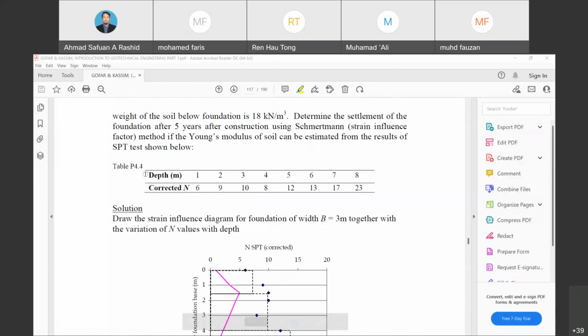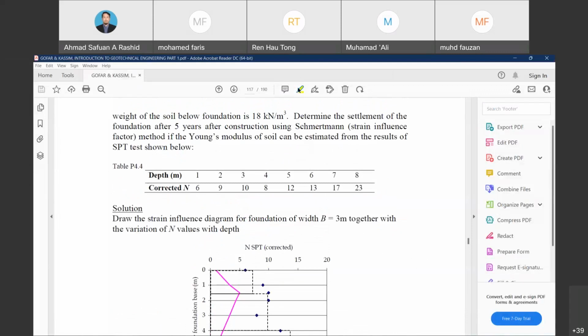When we refer to table P4.4, the information we can gain is based on the depth, for every 1 meter, and this is the SPT value.